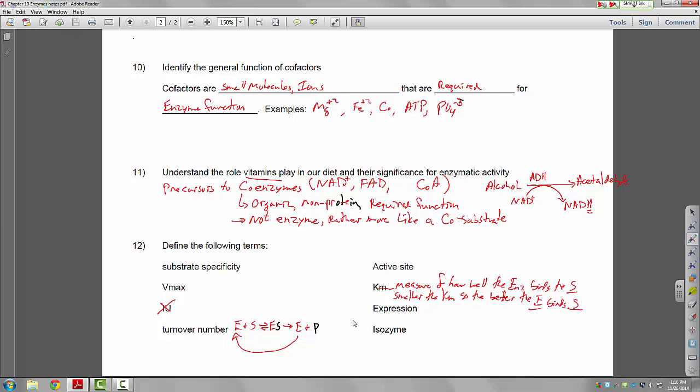Isozyme and expression are kind of related, these two terms. We talked about this differential expression. What this means is a cell contains your entire genome, but not all the genes are turned on at any one time. This differential expression is what makes the difference between, say, a blood cell and a liver cell and a kidney cell and a muscle cell.